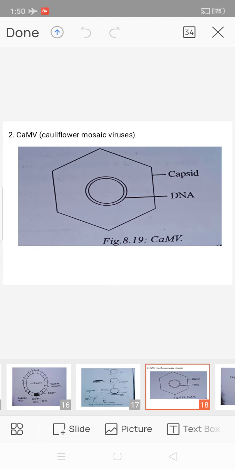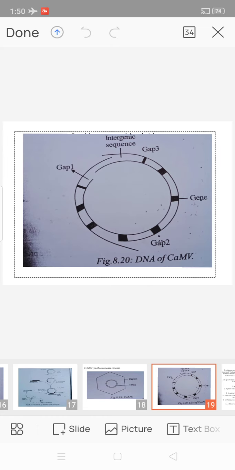But the replication process is not affected by these gaps. The DNA has 6 genes and an intergenic sequence. Some genes are responsible for aphid transmission and these genes control pathogenic activities of the virus.